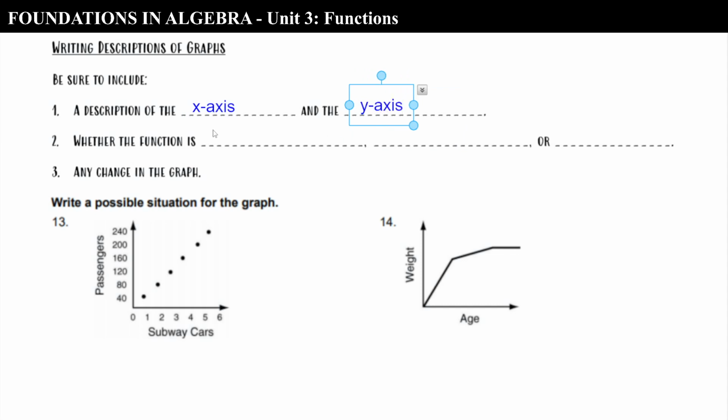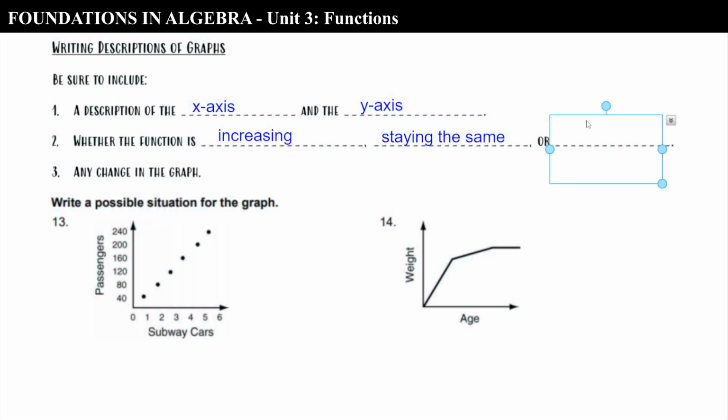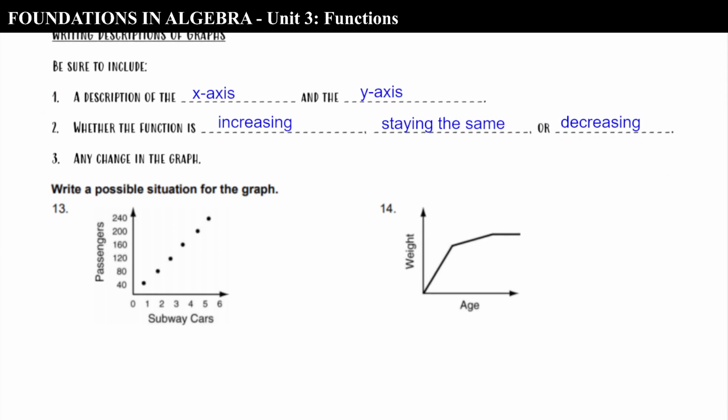Whether the function is increasing, okay, so we're going to state whether a function is increasing, let's say staying the same, or decreasing. And then we also want to notate any change in the graph. So for these two examples, we're going to write a possible situation for the graph.